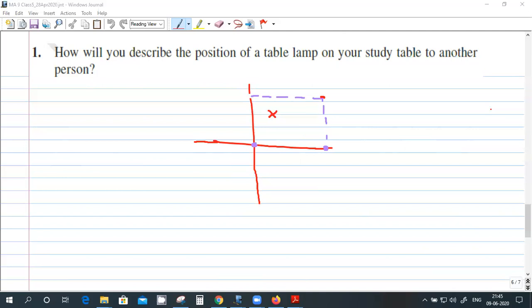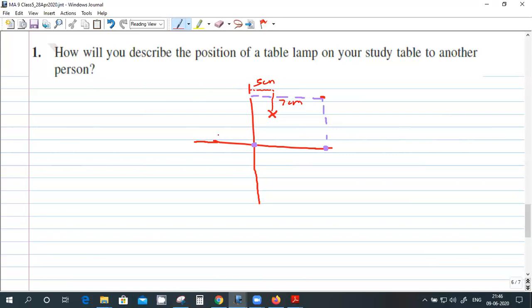We have to find the distance of this point from all the sides. I will say it is at a distance of 5 centimeters from the left corner, and then towards me I have to go 7 centimeters.